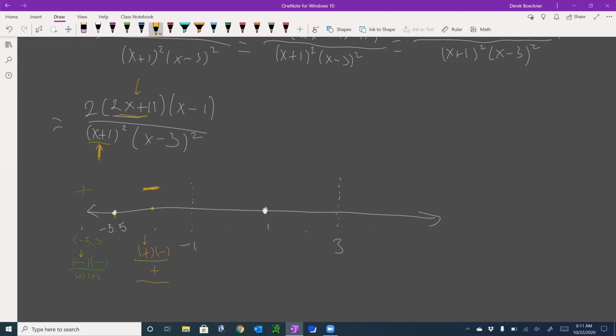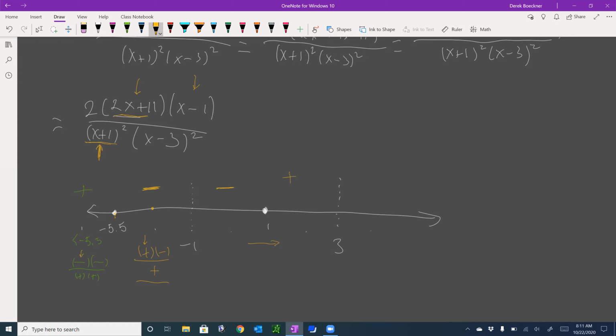Kind of good with that? So this is still going to be negative here because the factor that changes was squared and it's not going to change the negativity or positivity of the result. Crossing over this root, the factor that changes will be this one, right? Since that factor changes from negative to positive, all of the things here are going to be positive now.